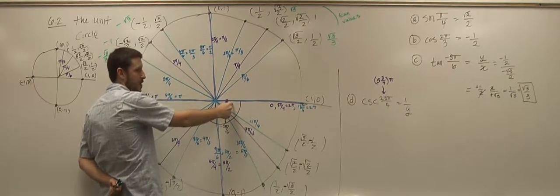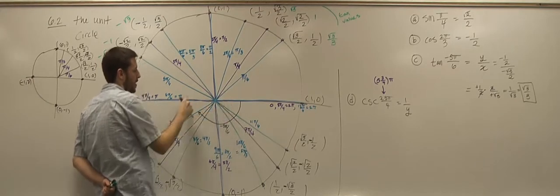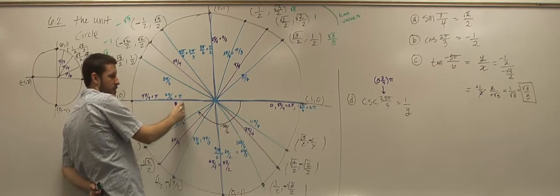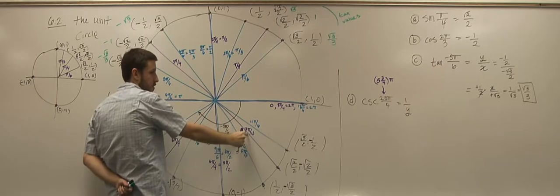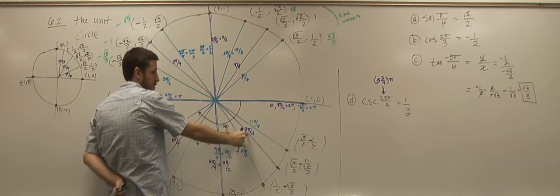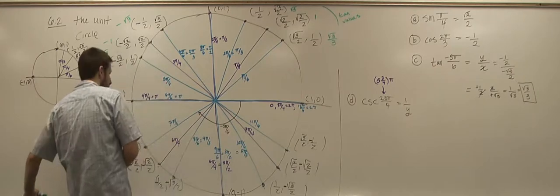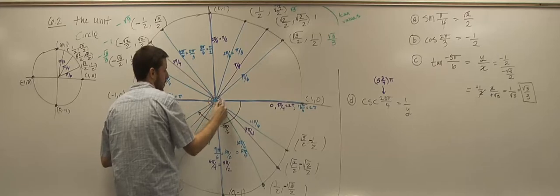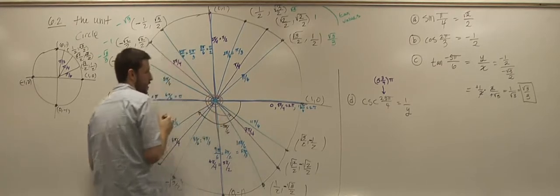Here's 0 pi, 1 pi, 2 pi, 3 pi, 4 pi, 5 pi. Then I have to go 3/4: 1/4, 2/4, 3/4. So 5 3/4 pi ends up going around a bunch of times, and then it goes 3/4.